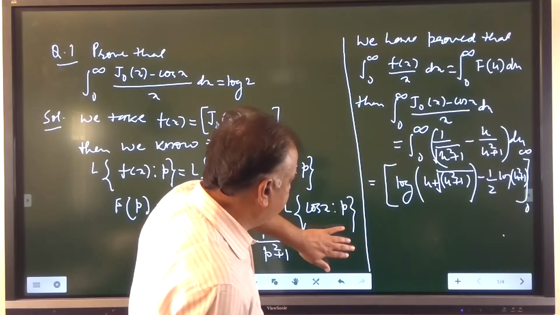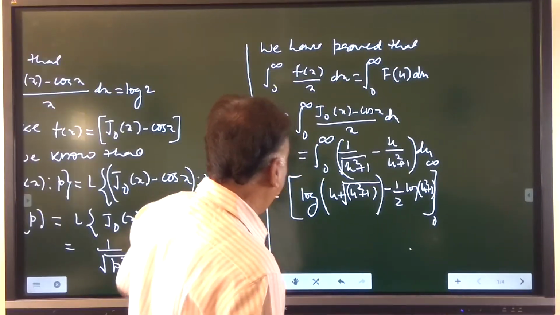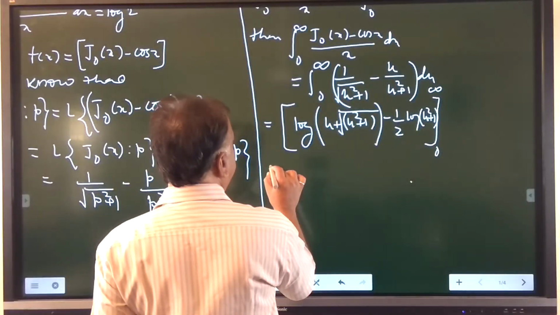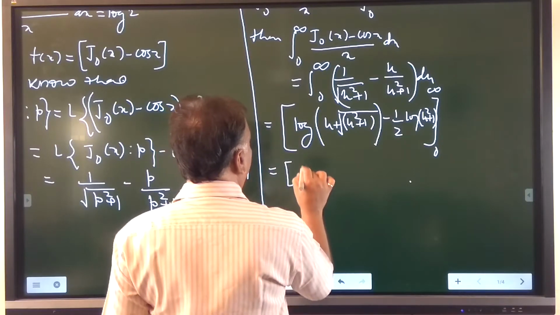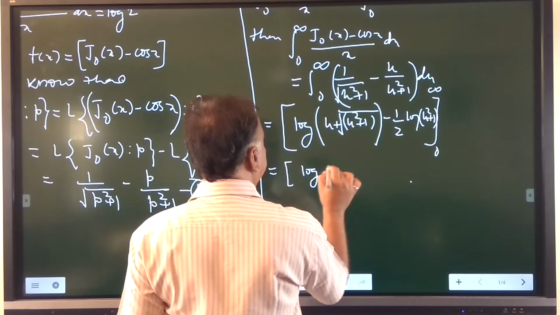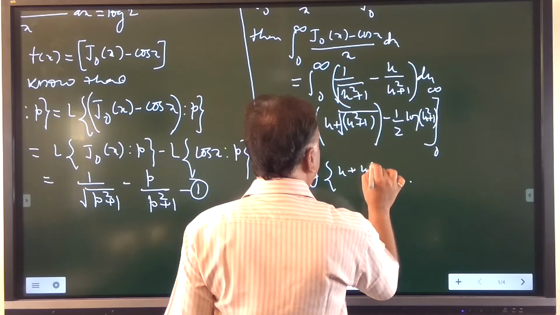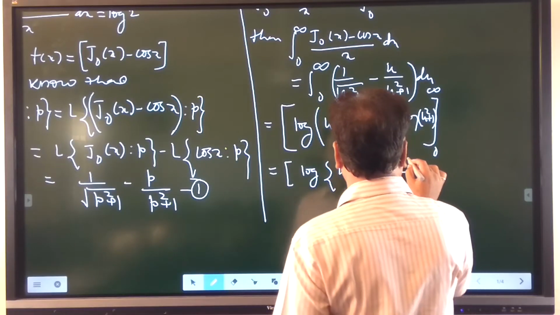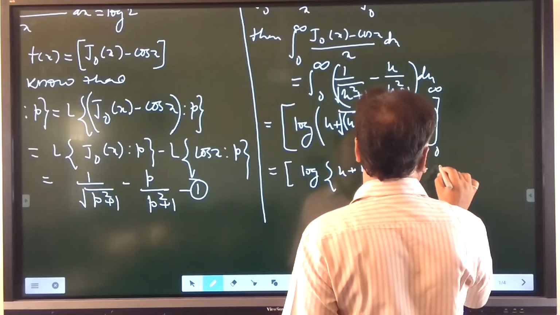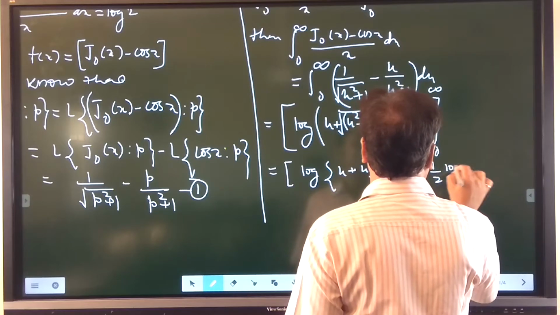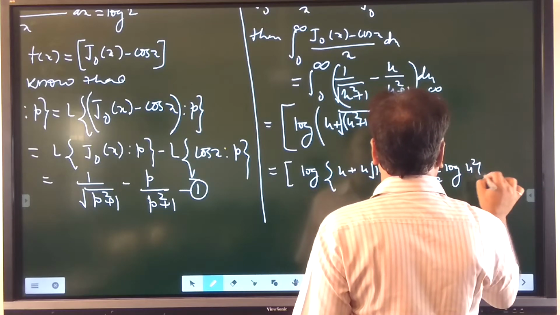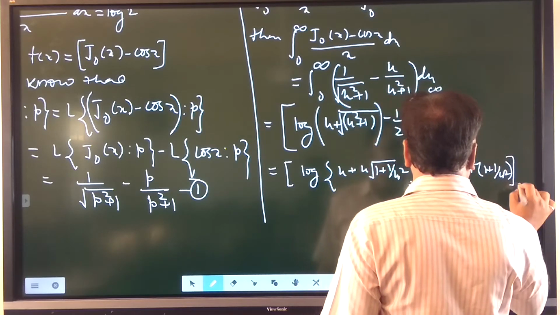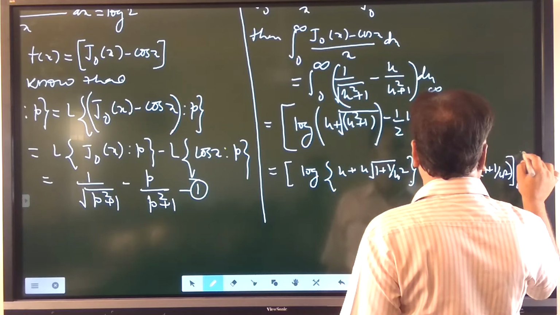If we put these limits and solve this one, we get log of u plus u under root of 1 plus 1 upon u square, minus 1 by 2 log of u square into 1 plus 1 upon u square, and the limits are from 0 to infinity.